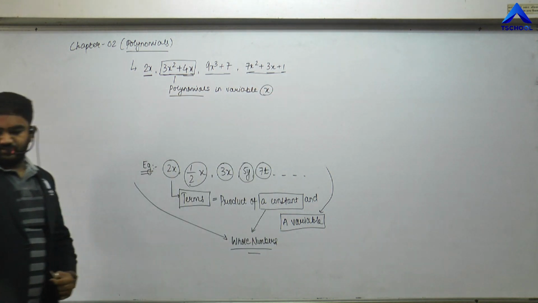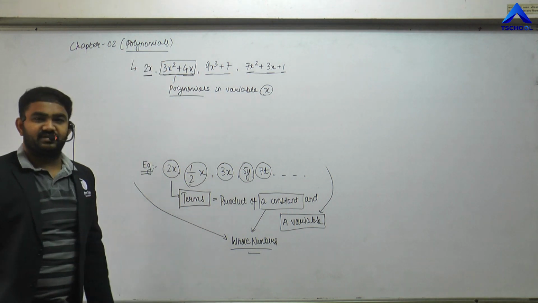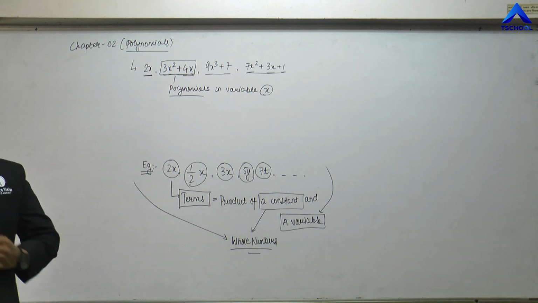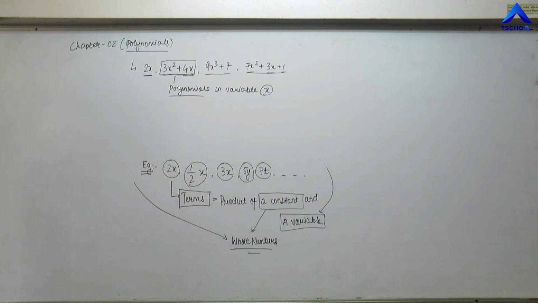For example, if I take 3x square plus 4x as a polynomial, then this polynomial is expressed in terms of variable x. Is it clear, friends? So this is how a polynomial is defined.